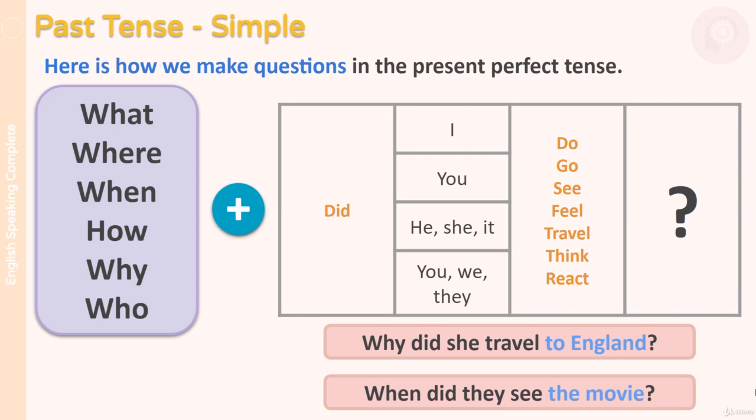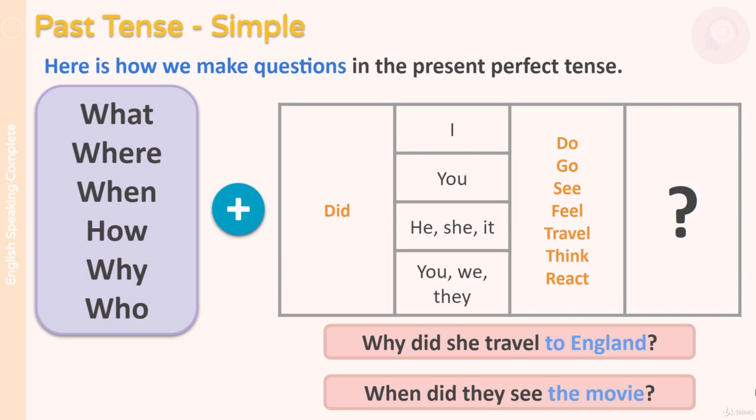When did they see the movie? We could also simply say, did they see the movie? So we don't have to use the 6 W's in forming these questions. Obviously, our starting verb here, did, is in the past tense of the verb do. Did plus pronoun plus V1. That is how we create questions in the past tense simple.